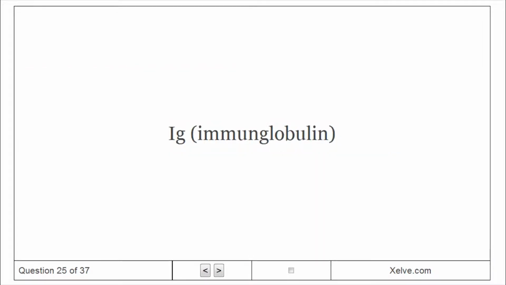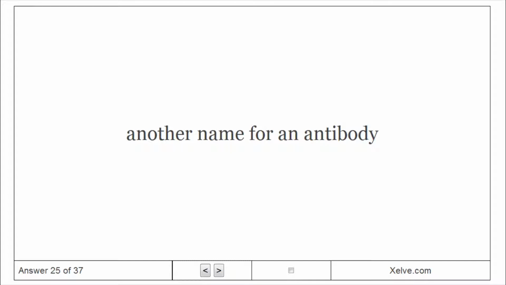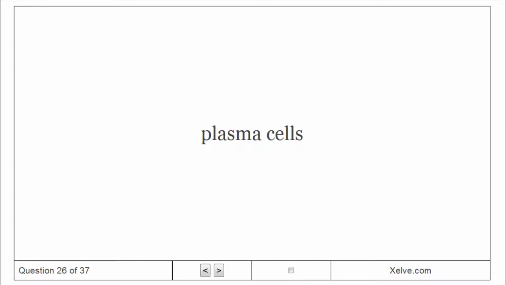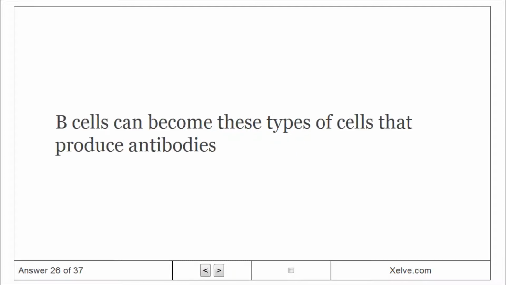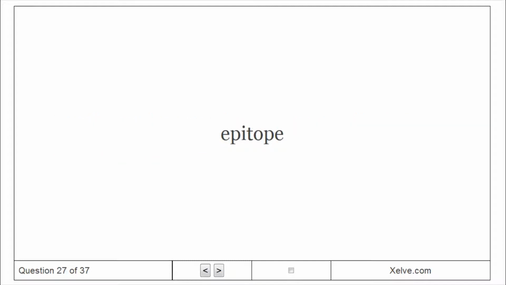Ig. Another name for an antibody. Plasma cells. B cells can become these types of cells that produce antibodies. Epitope.